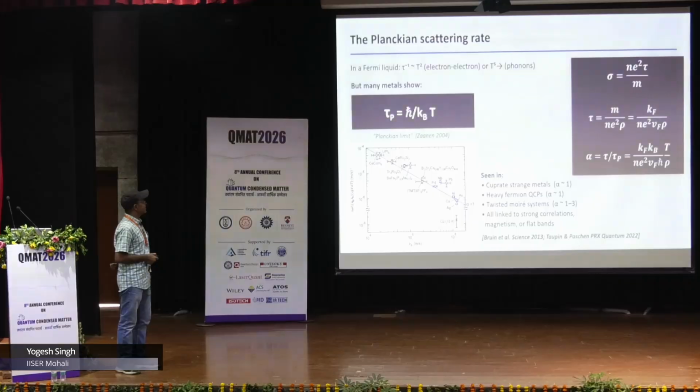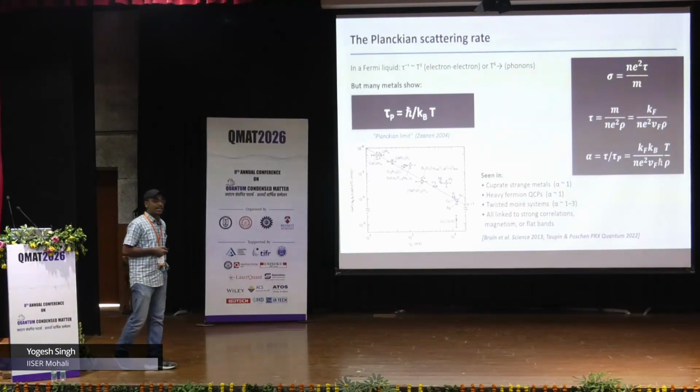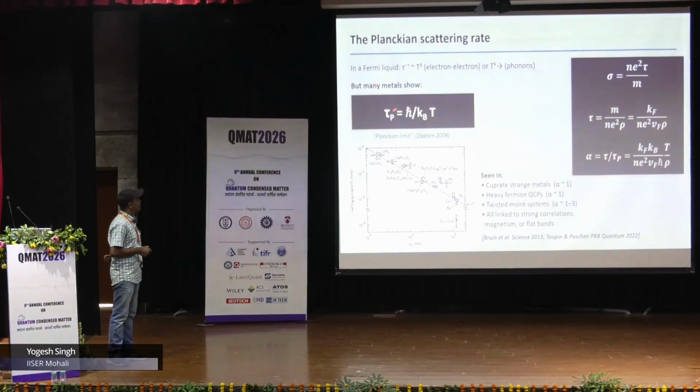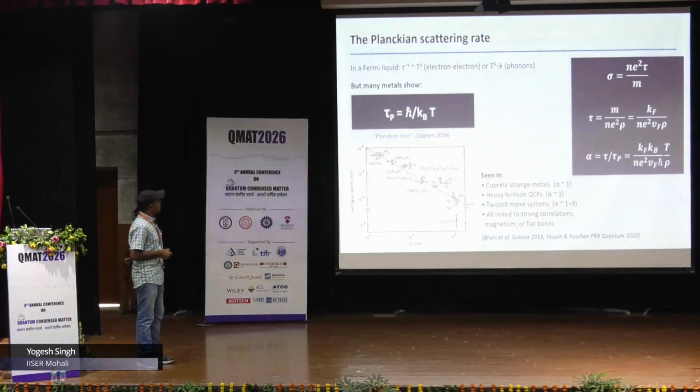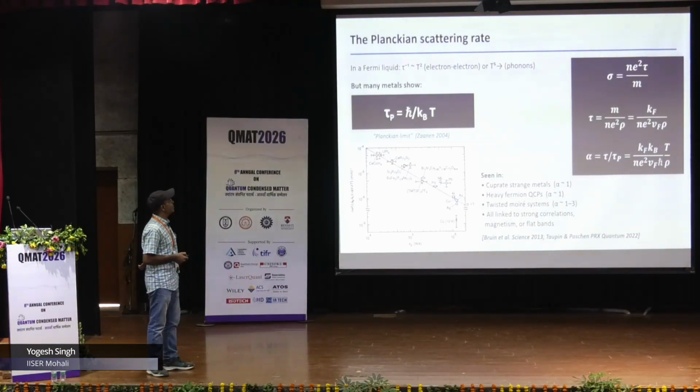Just like the shortest length scale is the Planck length scale, one can phenomenologically introduce a scattering time, the Planck time, which is given by h bar by kBT. And what is its connection to resistivity of these materials? Within the Drude theory, the conductivity goes as Ne squared tau by m, where tau is the scattering time.